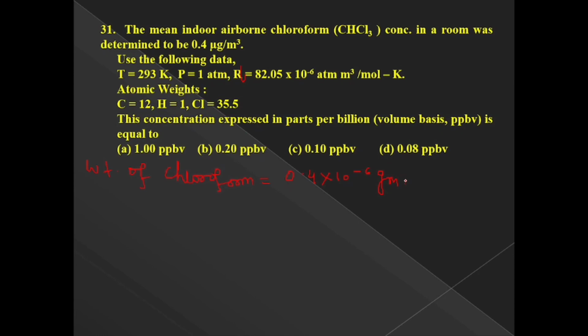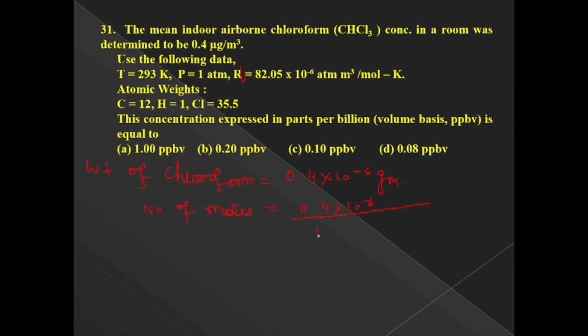Number of moles we have to calculate. How are the number of moles calculated? Number of moles of chloroform is equal to 0.4 into 10 to the power minus 6 divided by the atomic mass of CHCl3.